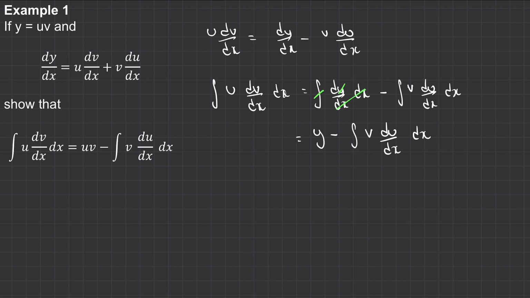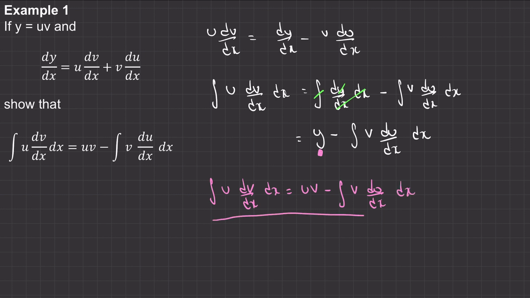Now we said at the very start that this y is equal to uv, so we can substitute this into our formula. So we have the integral of u dv by dx with respect to x is equal to y, which is uv, minus the integral of v du by dx with respect to x. And this is the integration by parts formula.